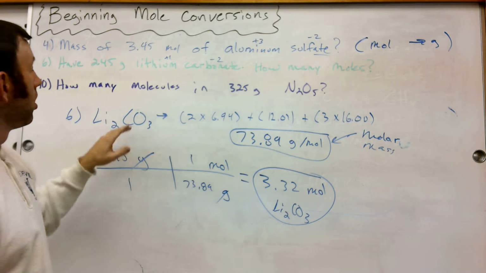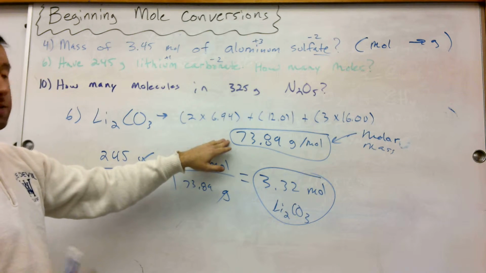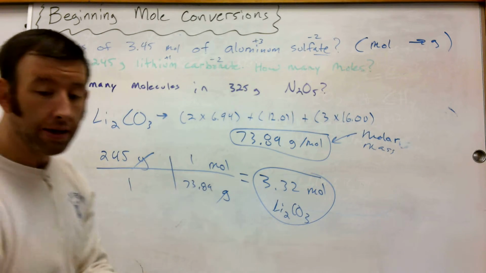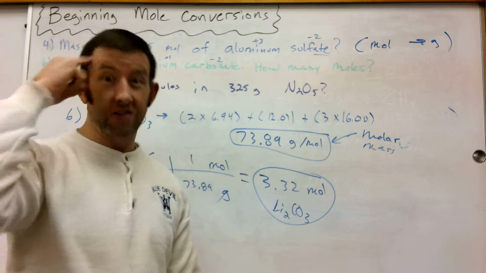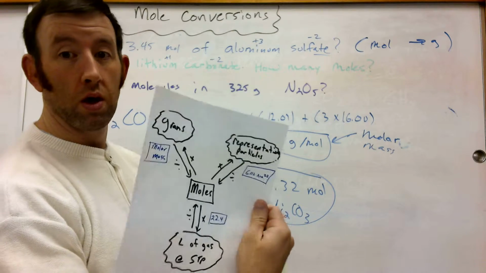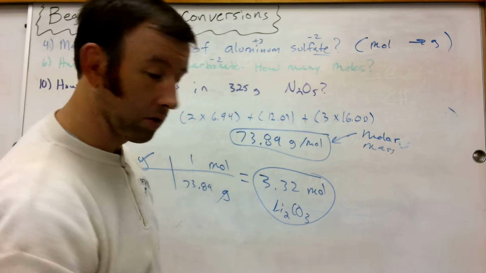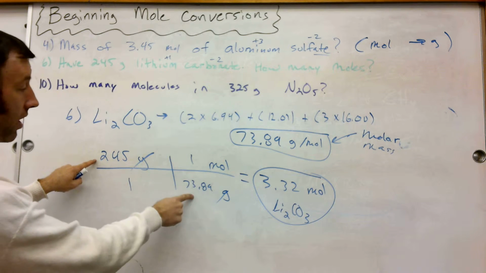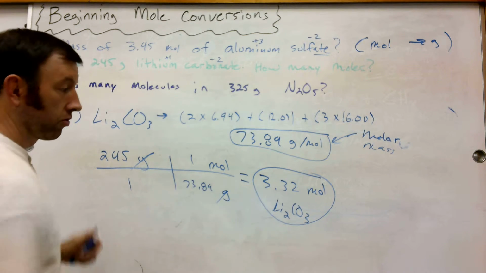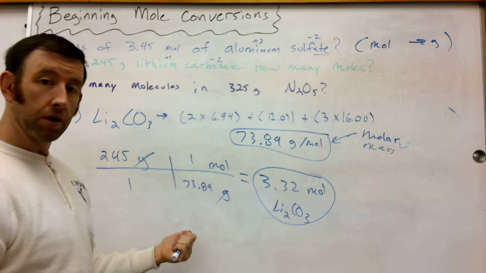That was 73.89 grams, that's my molar mass. Then I used my flow chart. Really, I've got this in my head now, but you guys will soon. Going from grams to moles, which means I divide by the molar mass. Shown right here, 245 divided by 73.89, 3.32 moles of lithium carbonate.